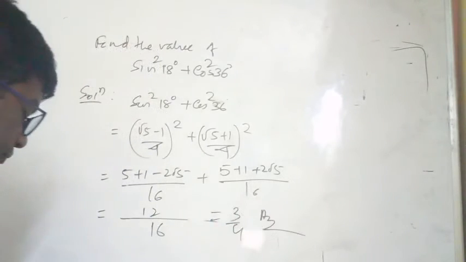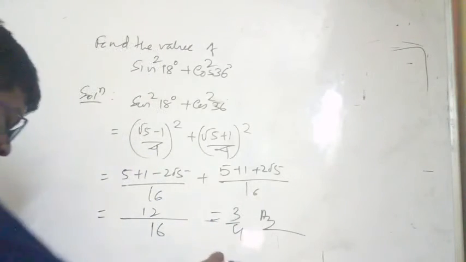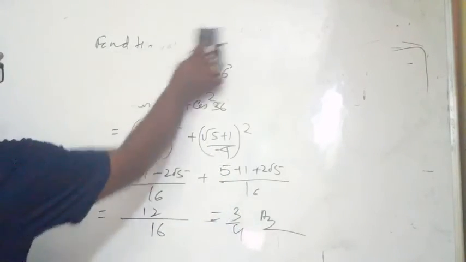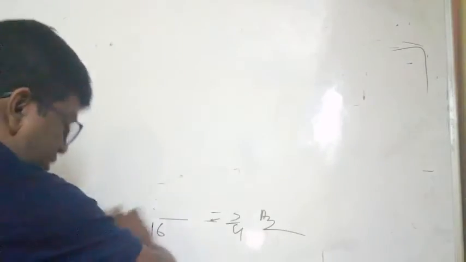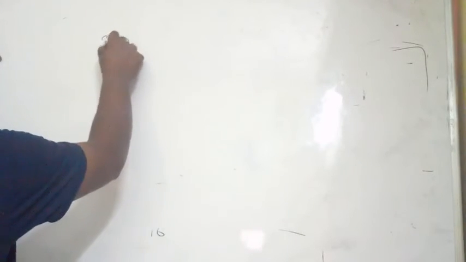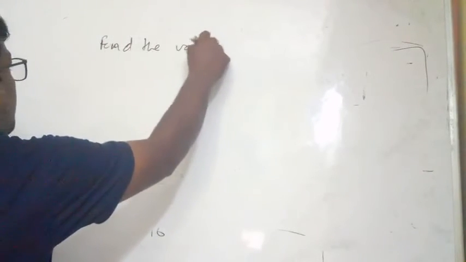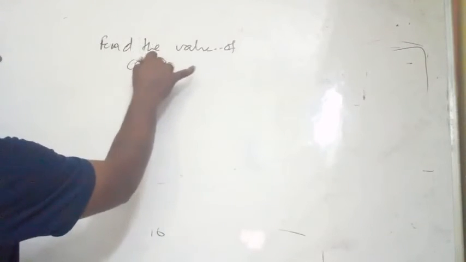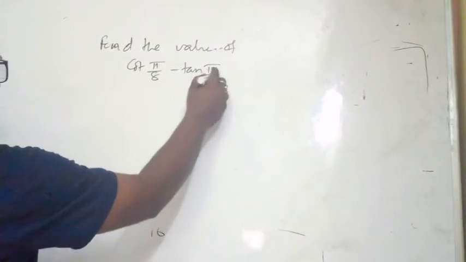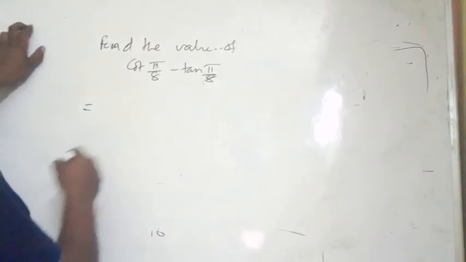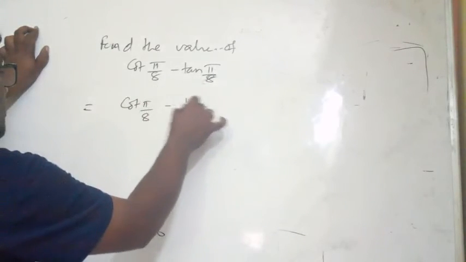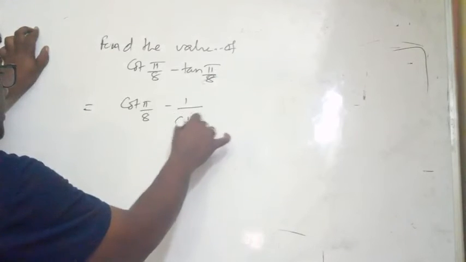Now another question, find the value of cot pi by 8 minus tan pi by 8. So this can be written as cot pi by 8 minus 1 by cot pi by 8.